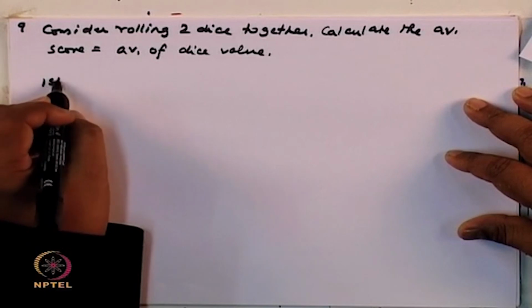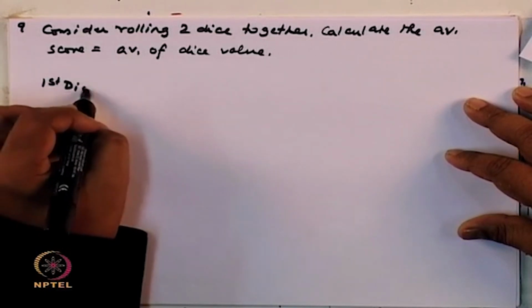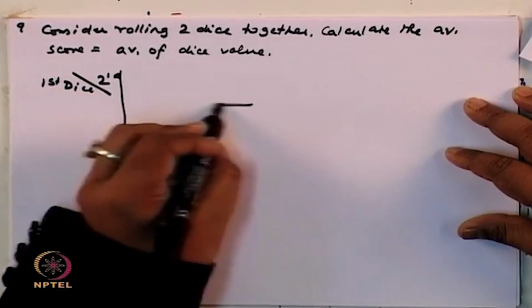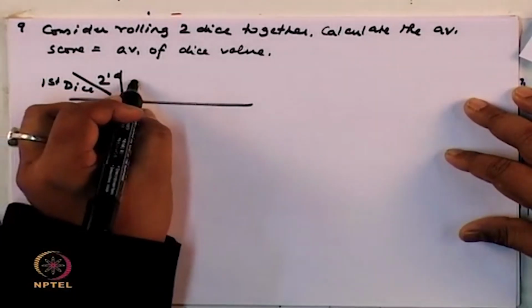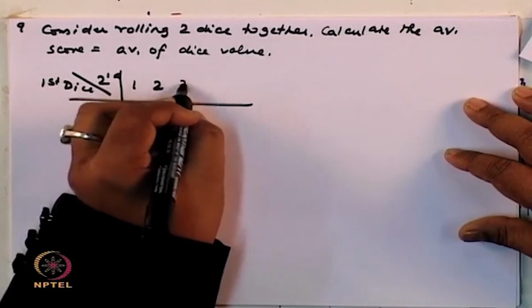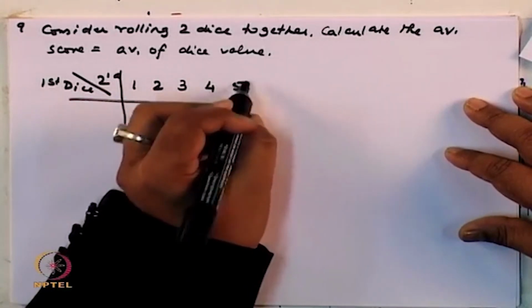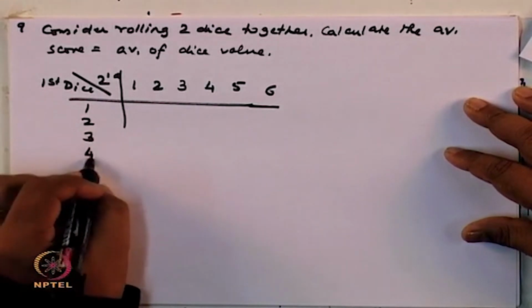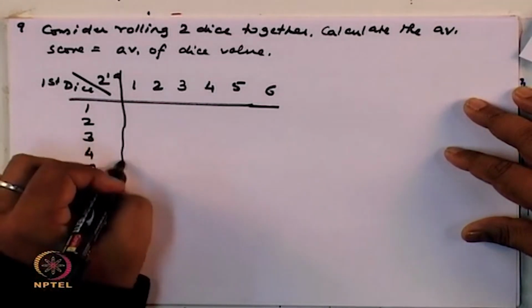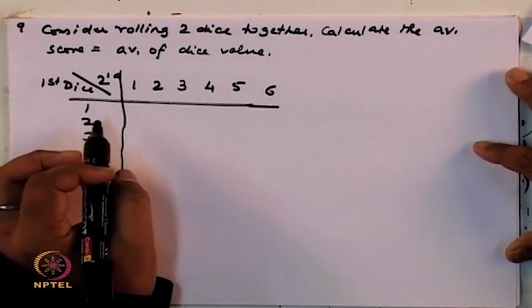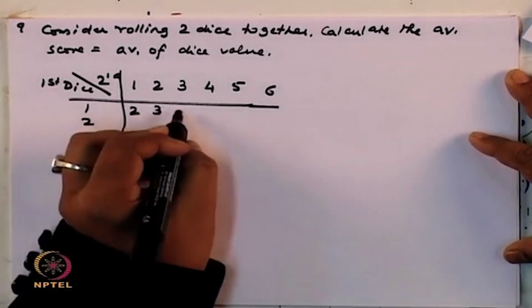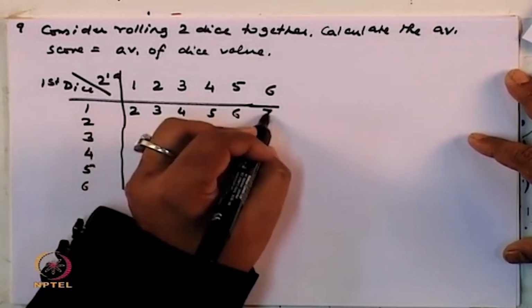Let us say first die and second die. For the second you can have any values from 1 to 6. For the first die also you can have any values from 1 to 6. So, if I write down the sum, it would be 2, 3, 4, 5, 6, 7.